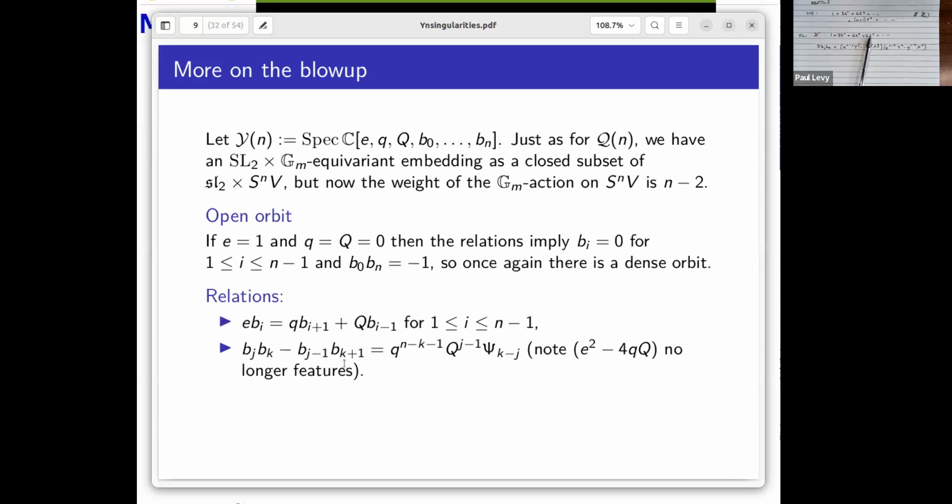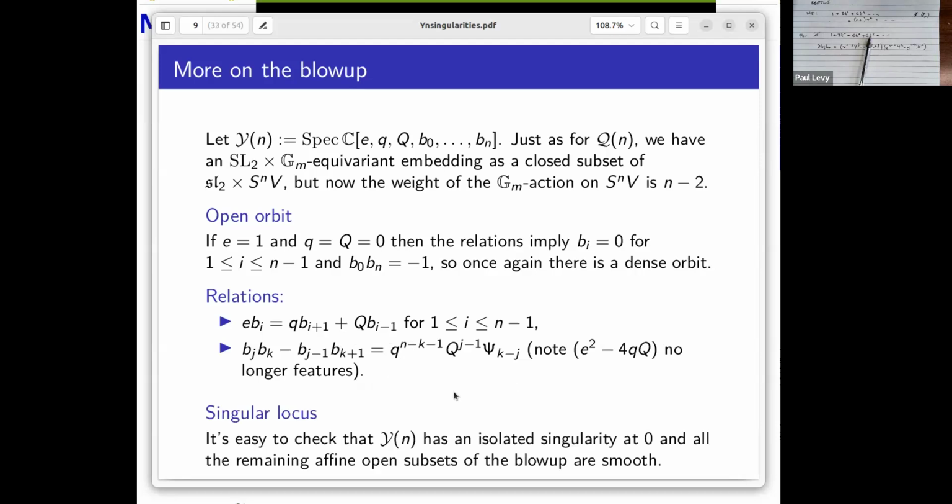We have relations which also look quite similar to the relations for the quotient singularity, except this factor of e squared minus 4qq no longer appears the way it did there. And the fact that it is not there means that it increases the number of smooth points. So you end up with a singularity at 0, but all of the other points are smooth.